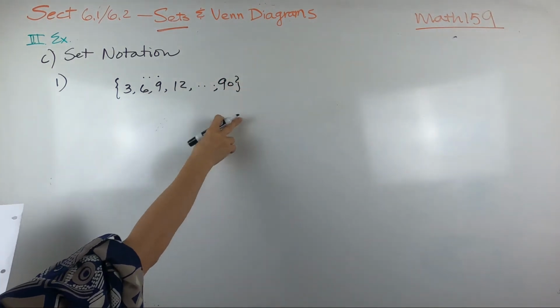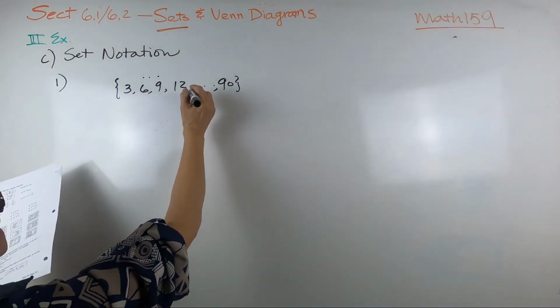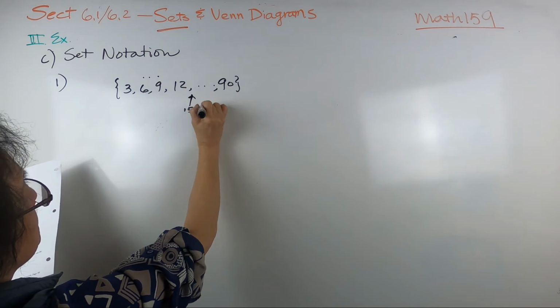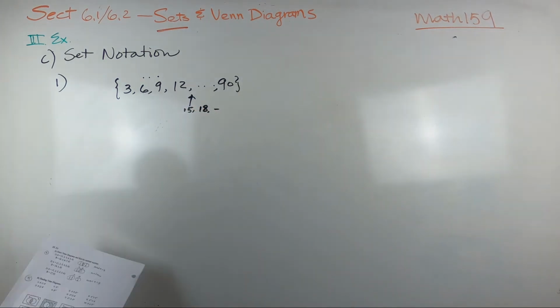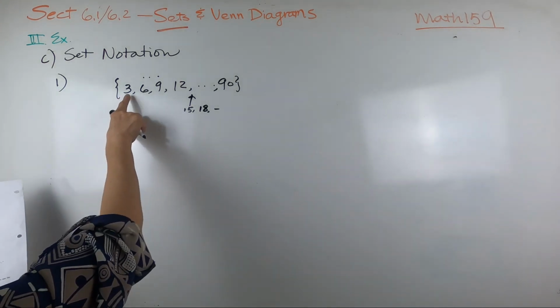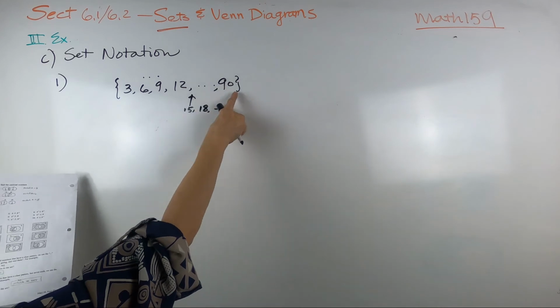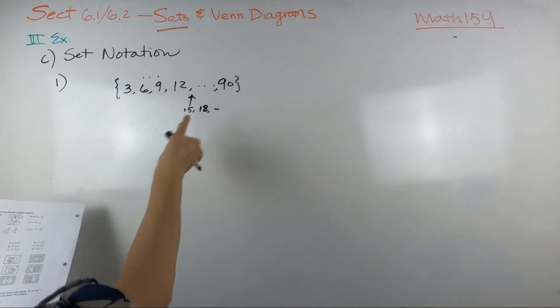So this set has what? 3, 6, 9, 12. What do you think the next number will be? 15, 18, all that, right? So it means you start here, keep going and end here, like this.